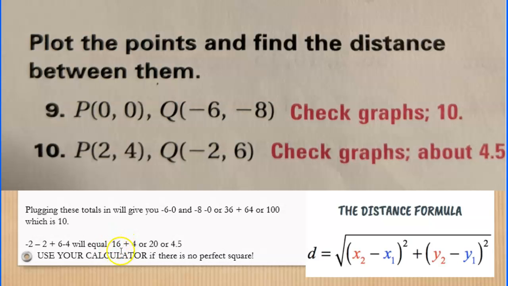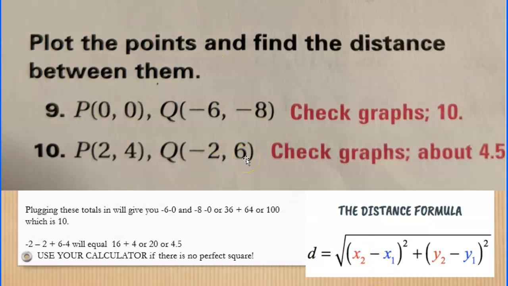Negative 4 times negative 4 is going to be 16. 6 minus 4 is going to be 2. 2 times 2 is 4. So there's where I came up with all that. It comes out to 20, and when you hit the square root symbol on the calculator, you come up with about 4.5. Use your calculator if there is no perfect square. So that's how you will be doing this.